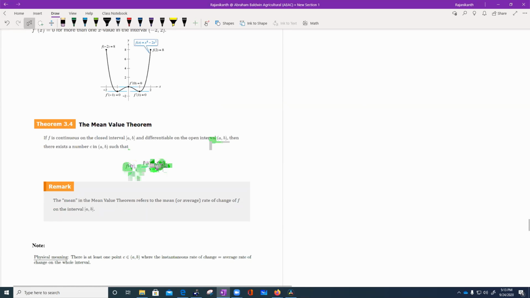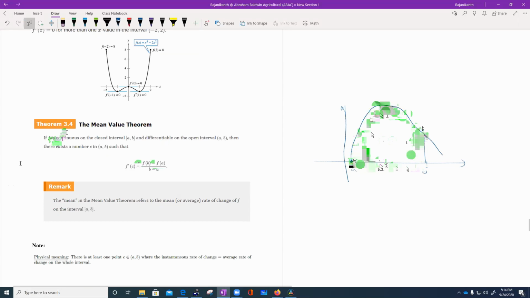For example, suppose you have a continuous function on this given interval. This theorem says if the function is continuous and smooth, having a derivative everywhere, then you could find one point somewhere in this interval such that the slope at that point equals the slope of the secant line joining these two.